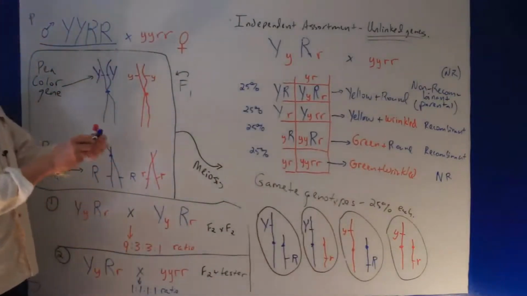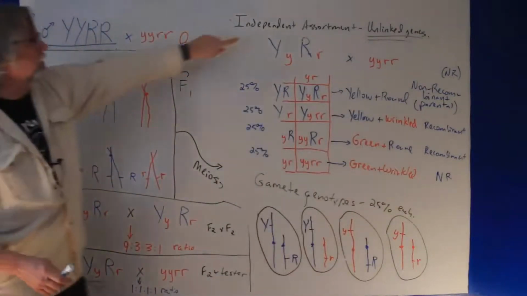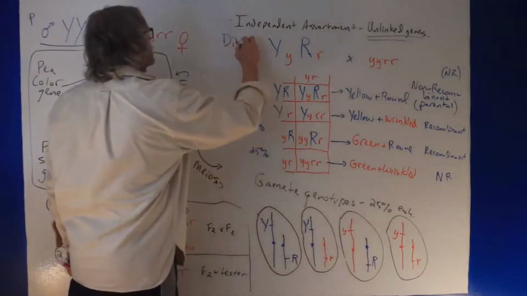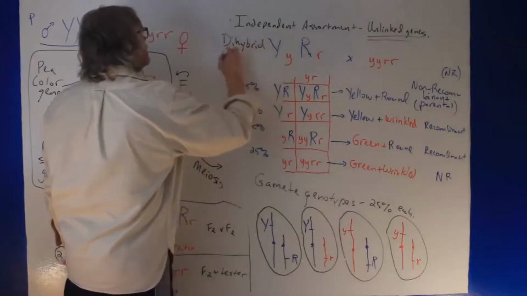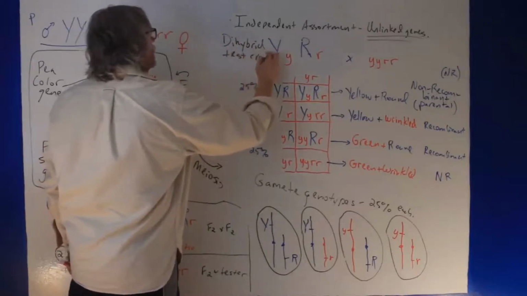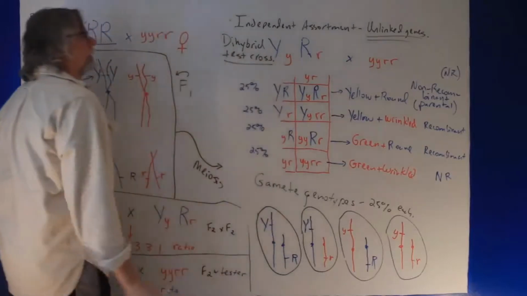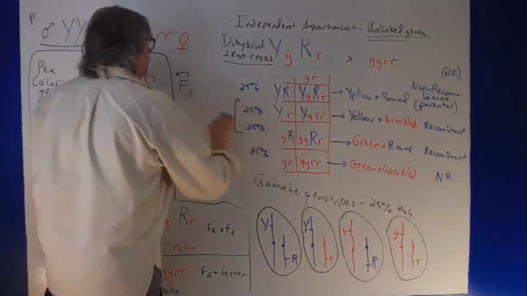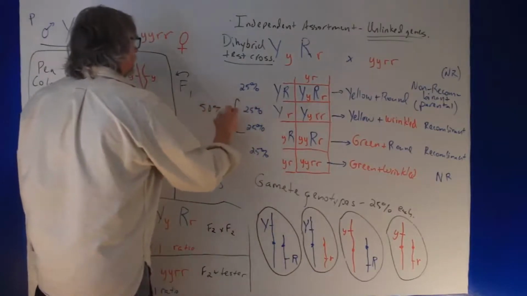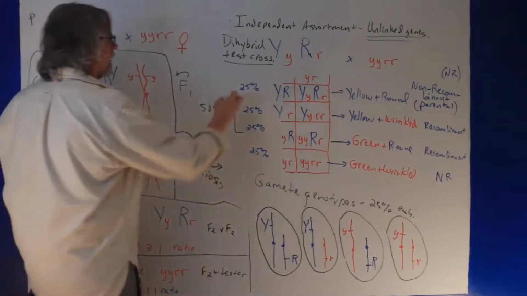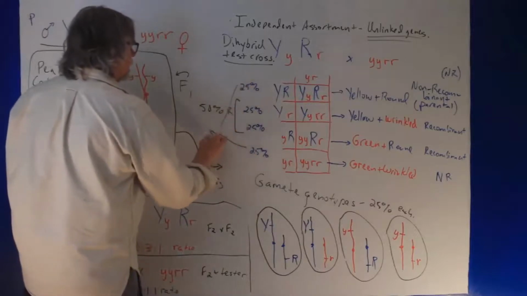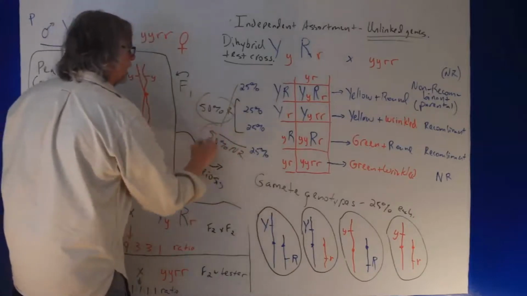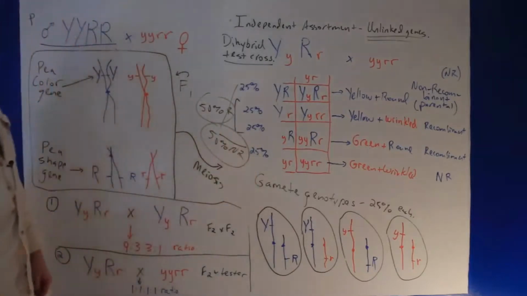For unlinked genes, when you do this cross, and this cross is called a dihybrid test cross, the results always show 50% recombinant offspring and 50% non-recombinant. That's what Mendel saw when he did this cross.